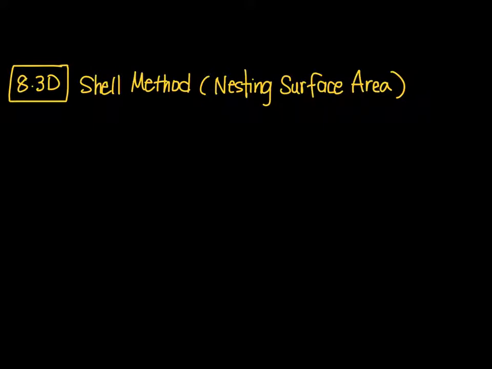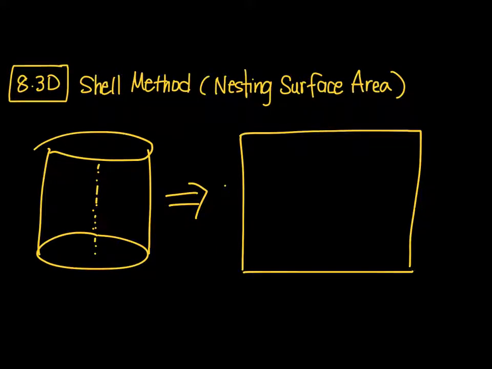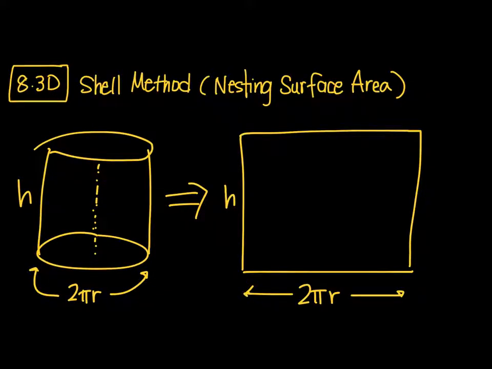And so if we could take one shell, one outer layer, shaped like this, and if we unwrap that outer layer, if we slice it vertically and unwrap it, it turns into a rectangle, where the height of the rectangle, the dimension, is preserved, but the circumference, which is 2 pi r, which was wrapped around the base of your shell, is now spread out horizontally as the base of your rectangle.